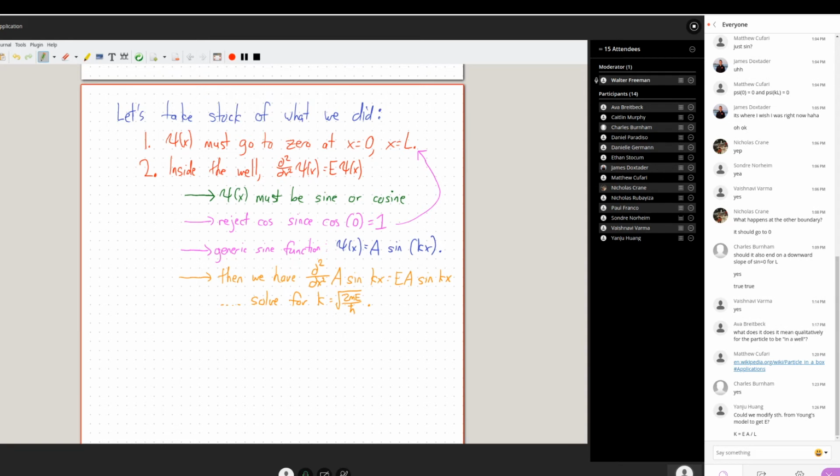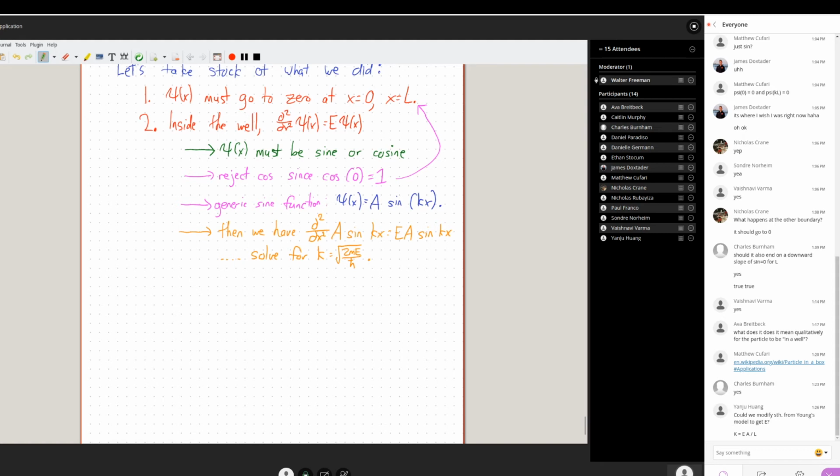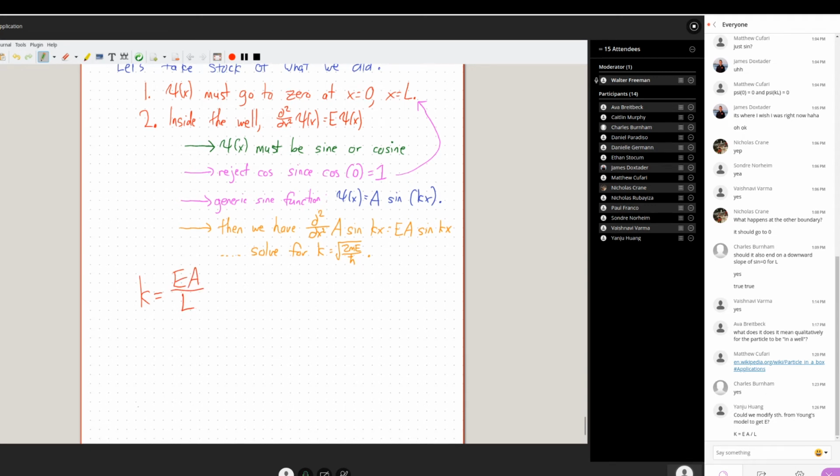I'm going to list a third point. Oh, you mean Young's modulus. So Yanju has referenced something from Physics 307, where he's written this equation that we used for a vibrating string. So Yanju, the problem here is that there are more things in physics than we have letters.